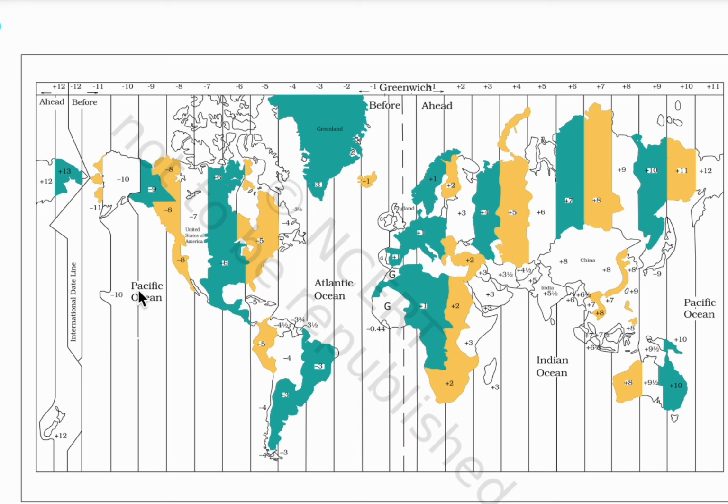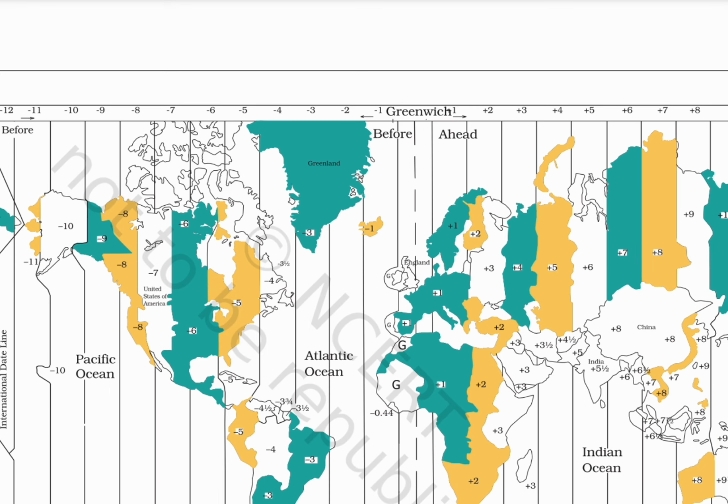To understand this concept clearly, let's take Greenwich, India and the USA as examples. If the time in Greenwich is afternoon 12 p.m., in India it is 5.5 hours more.